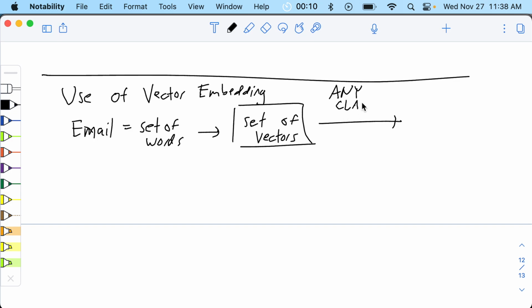For example, logistic regression or random forest, anything you want, starting with the vectors rather than the words. Go to, let's say, spam or not spam. By the way, the not spam emails are called ham. Okay, spam or ham. And you're doing a lot of great work in this vector embedding step.